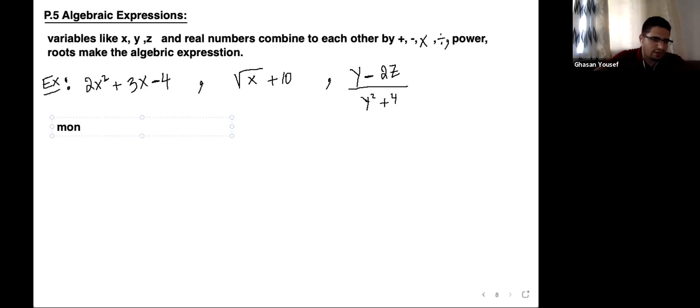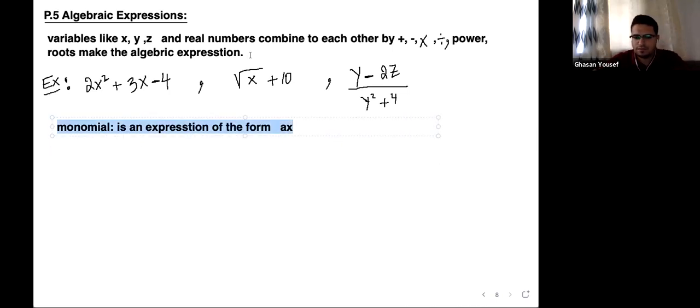So I'm going to define the monomial, and also I'm going to give examples. The monomial is an expression of the form a times x to the power k.